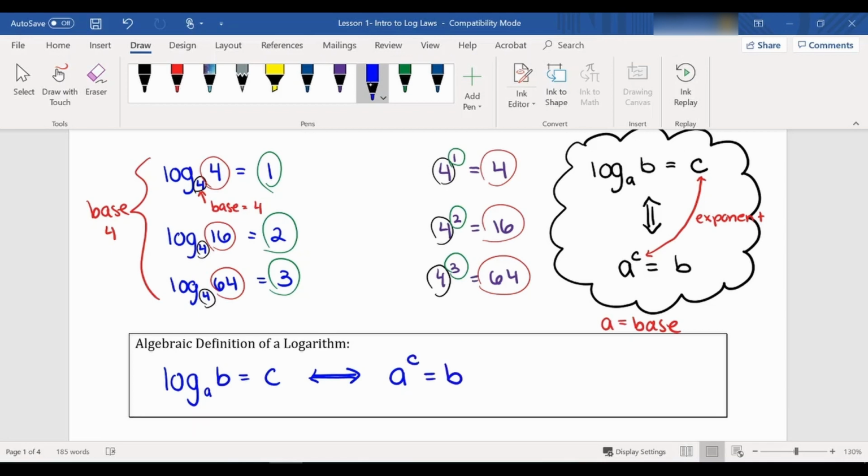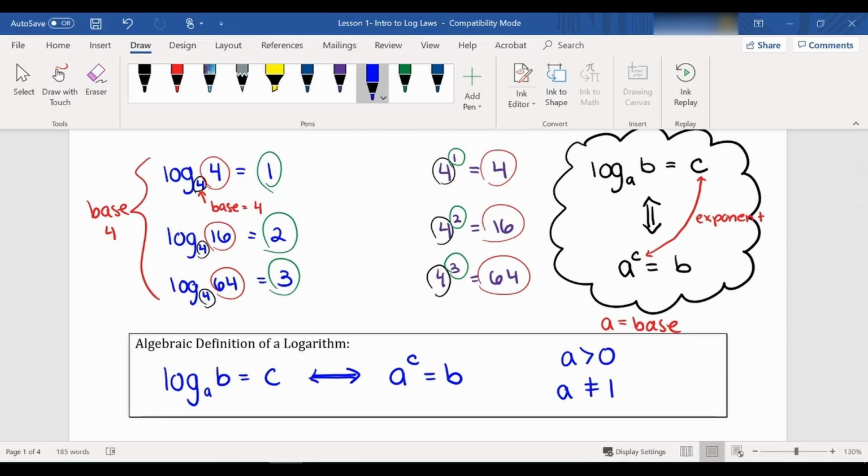Now a note that your base must be positive and your base can't equal 1. Because if our base was 1, if we had log base 1 of 1, we don't know what the exponent is, because 1 to the power of 5 is 1, 1 to the power of 20 is 1, 1 to the power of 52 is 1. We wouldn't be able to find c. We can't narrow it down. So your base cannot be 1.